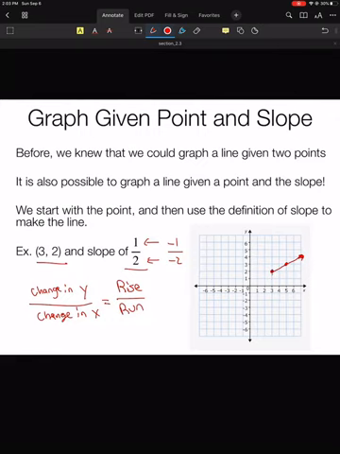So I could, in theory, go down 1 and to the left 2, down 1 and to the left 2, and down 1 and to the left 2 again. That strategy is going to get me more points on that same line.